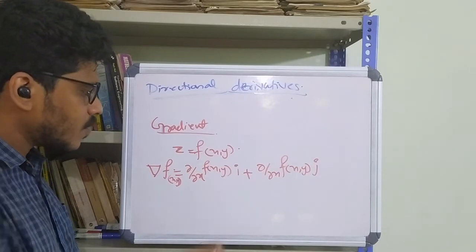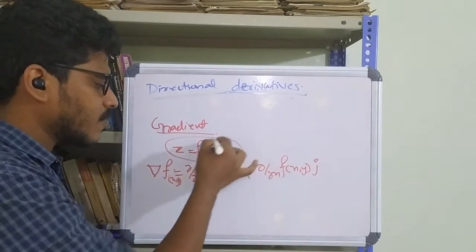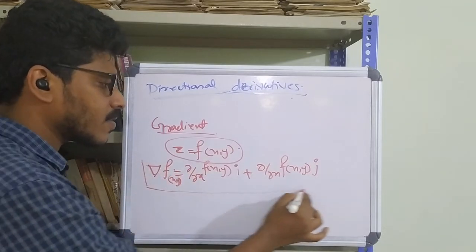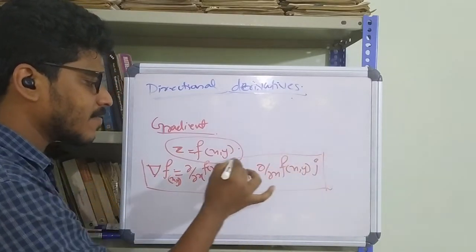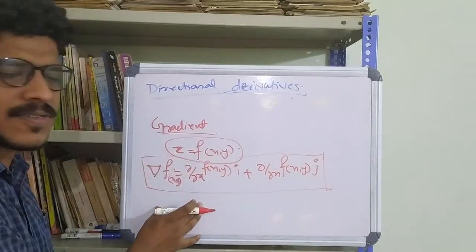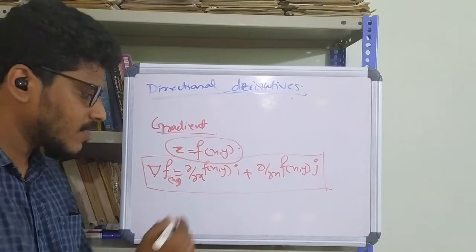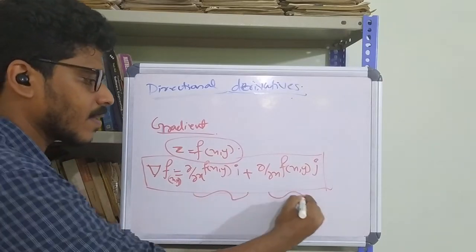First we had a scalar function of two variables, and from that we obtained a vector valued function. This function is not just a scalar function; it returns a vector. It has two components, right?